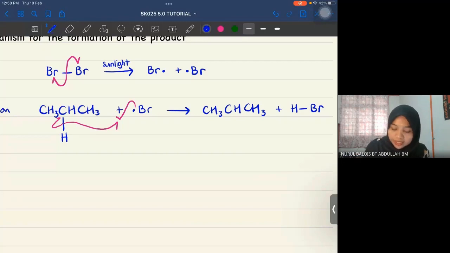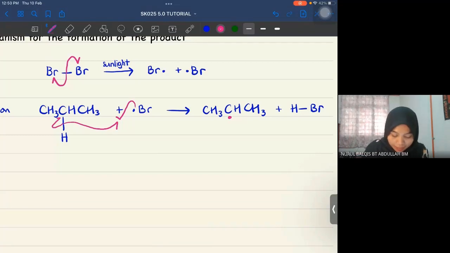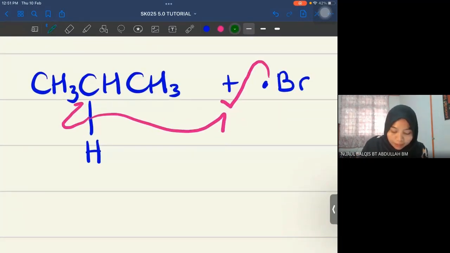Radical kita siapa sekarang? Carbon lah. Hydrogen ni dia dah pecah, dia pergi gabung dengan Br. Sebab tu dapat HBr. Nampak tak? Bond between carbon and hydrogen in green ni, kita dah breaks dia.